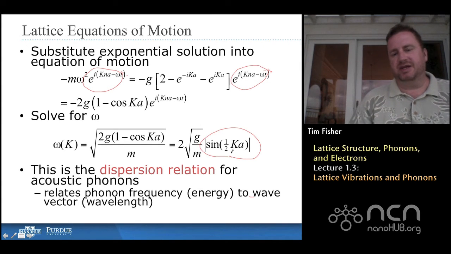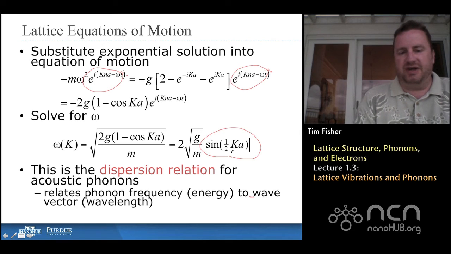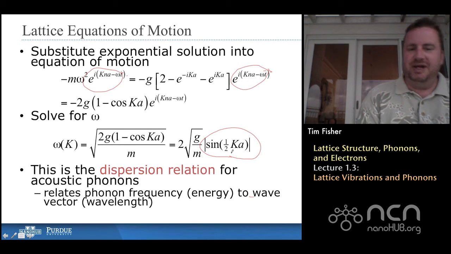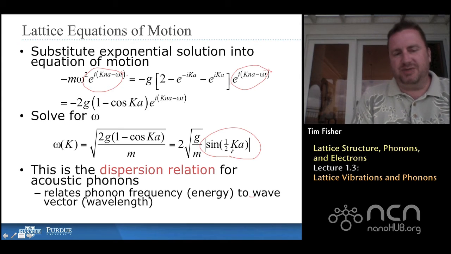The 1 minus cosine ka is part of a half angle formula that we can use. And this is a very, very important result, not because it's a sine, or not even because it's simple. It's a relationship that we're going to want and we're going to use repeatedly throughout the course.